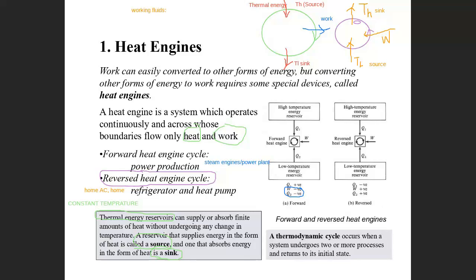For the forward one, it is usually water steam. That's used usually for power plants and also for our steam engines. Here water steam absorbs heat and then becomes steam.